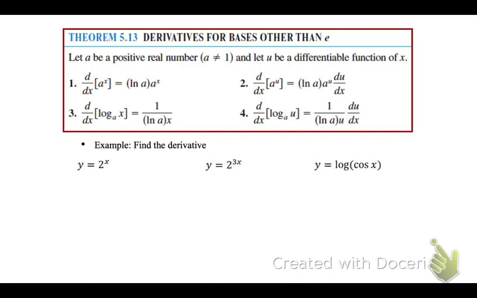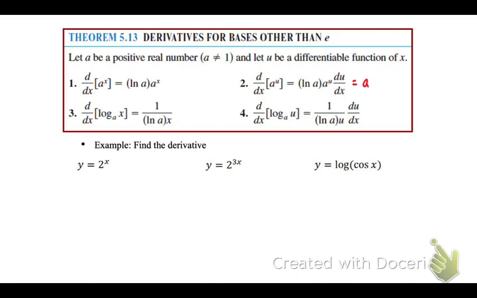Now, if I want to just use my generalized form, which I probably would, you have d/dx of a to the u is the natural log of a times a to the u and du over dx, which is the same as the derivative of u. I wouldn't put it in that order.